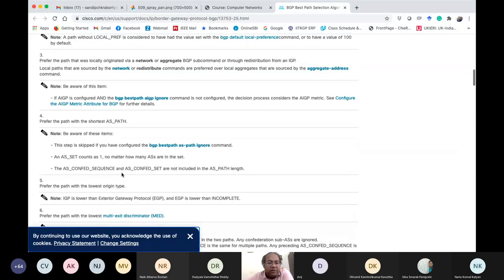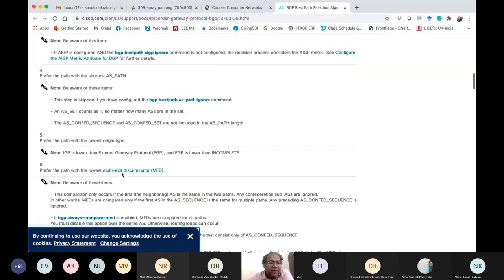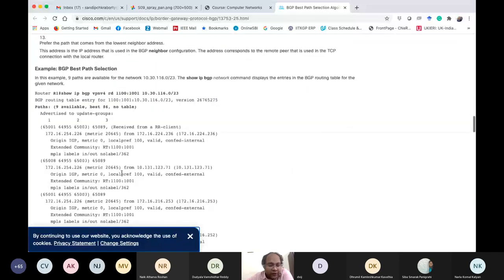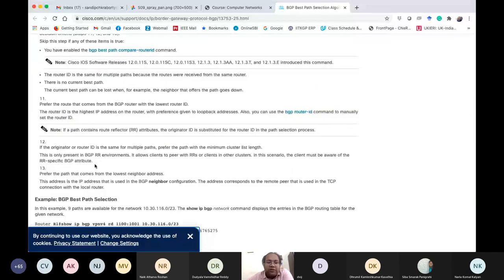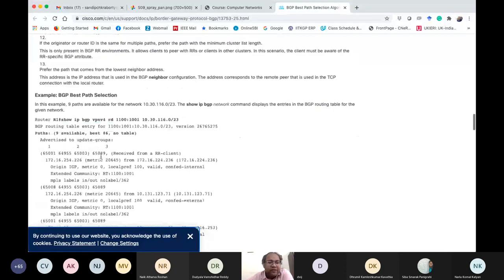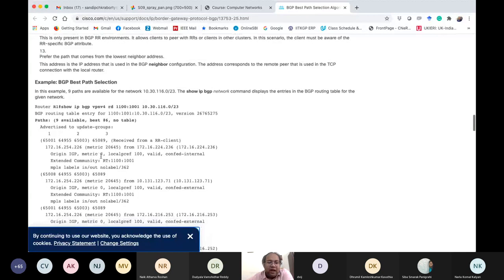There is a set of 13 different rules, based on which every BGP router, or at least the Cisco BGP routers, can decide which particular path to choose to forward a packet over the autonomous systems using BGP. Certain examples are also given here, so you can look into that to get an understanding.